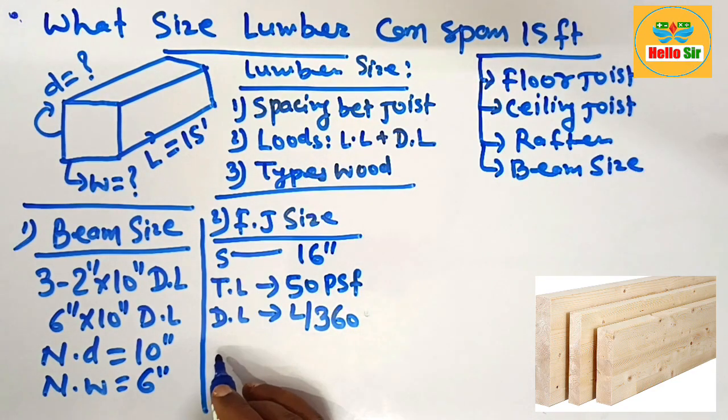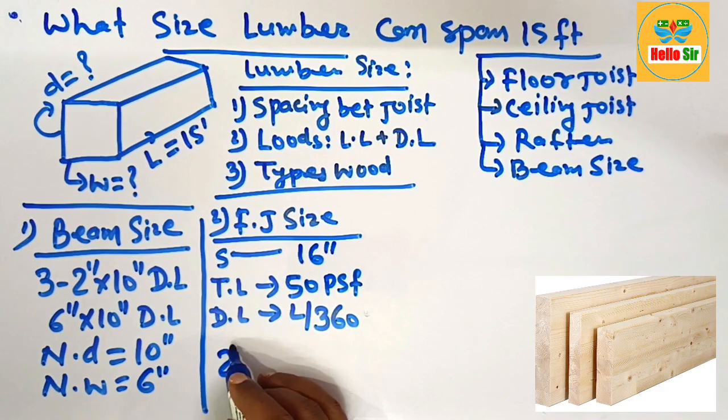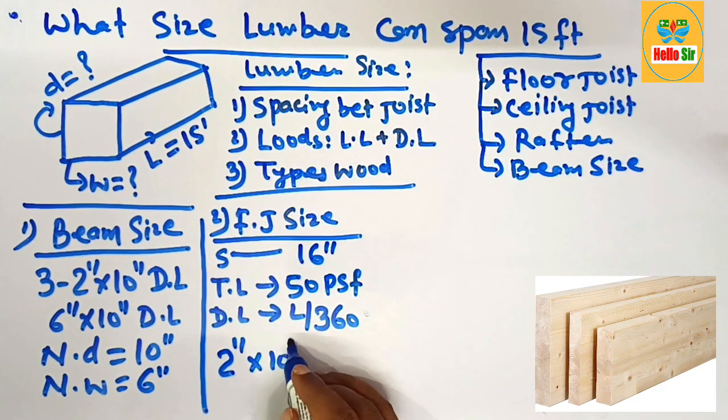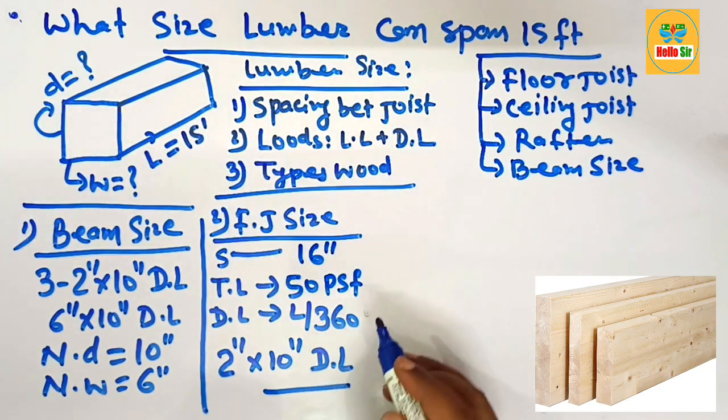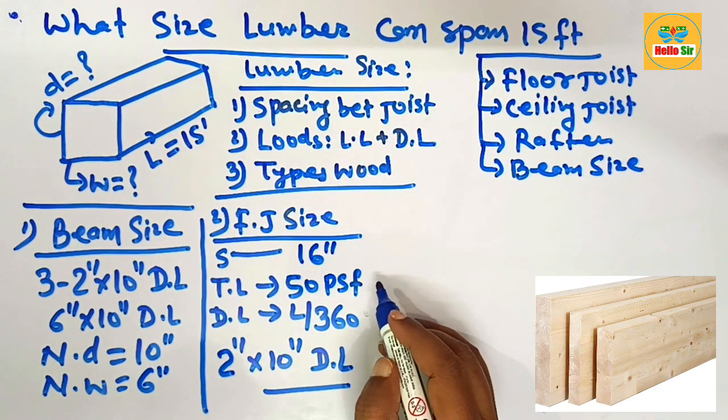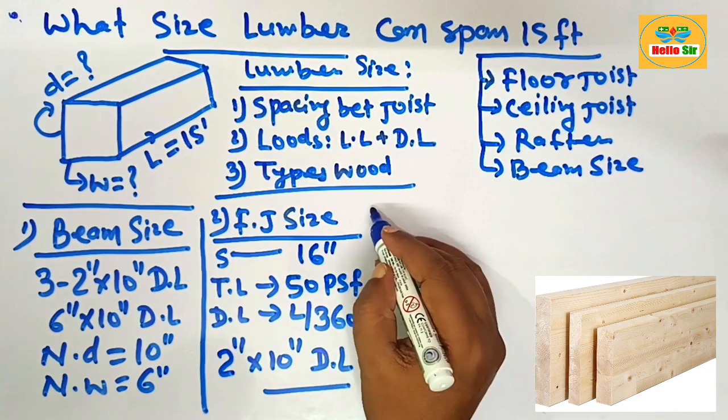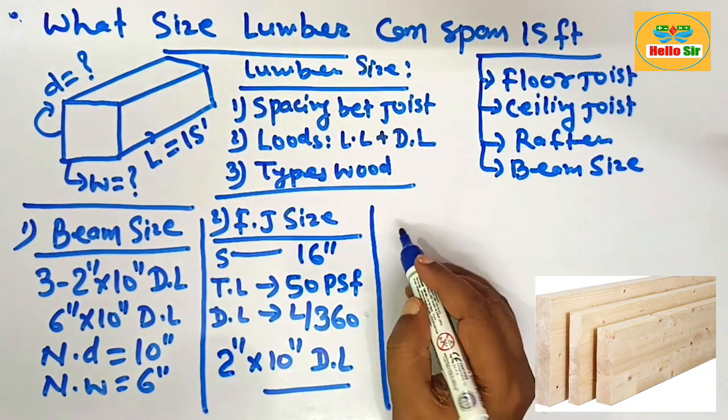At this condition, you can use 2 inch by 10 inch dimensional lumber as floor joist can span 15 foot distance.